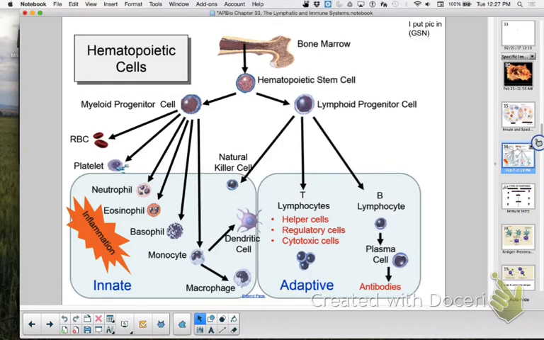So in your bone marrow, you have your cells that your B and T lymphocytes and your natural killer cells are going to come from. Here it is in this picture, natural killer cells. Remember the natural killer cells were going to be like T cells, but they didn't go where? To the thymus. Then the rest of these, your red blood cells, your platelets, and all your white blood cells come from your myeloid stem cells, also from your bone marrow.